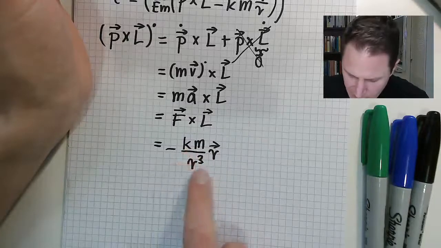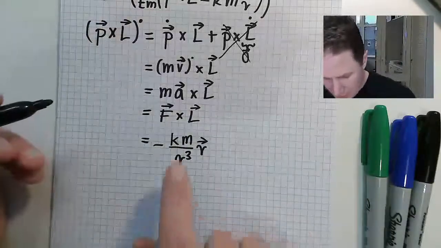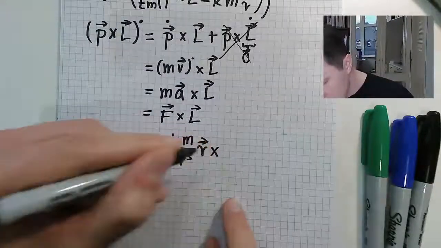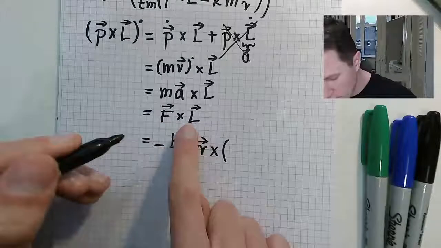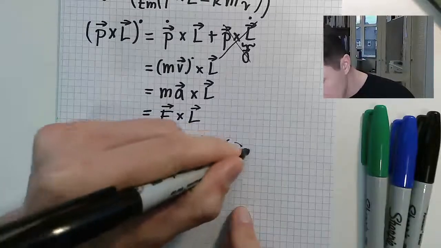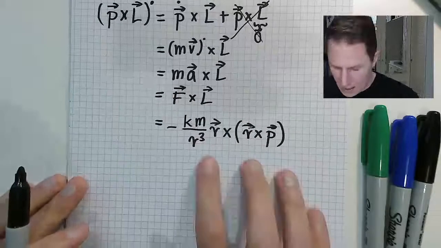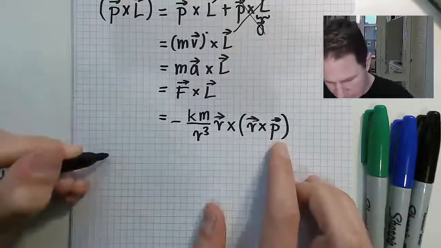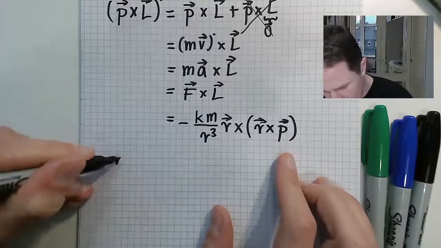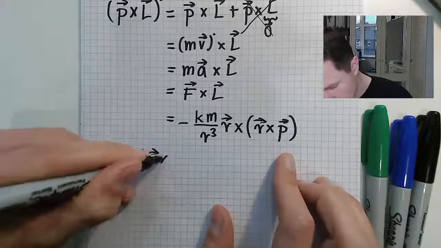So that is why we have 3 copies of r in the denominator, and we have to take the vector product of this force vector with the angular momentum, that is r cross p by definition. Okay, so now let's look at this triple vector product.